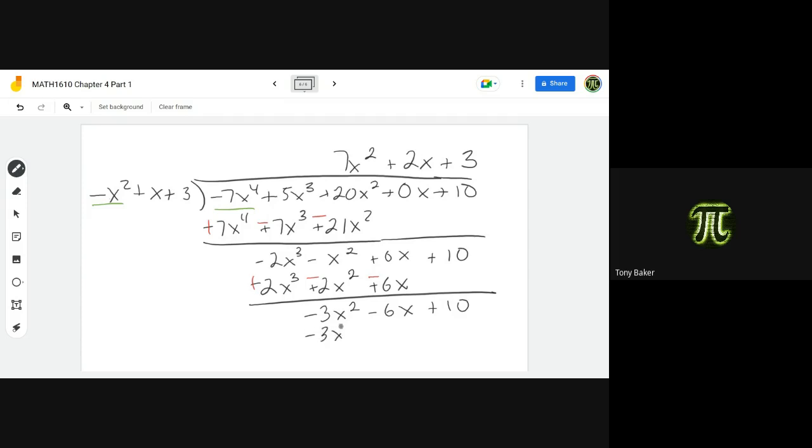And we have negative 3x squared plus 3x plus 9. Change sign. So that's my quotient, and that's my remainder.